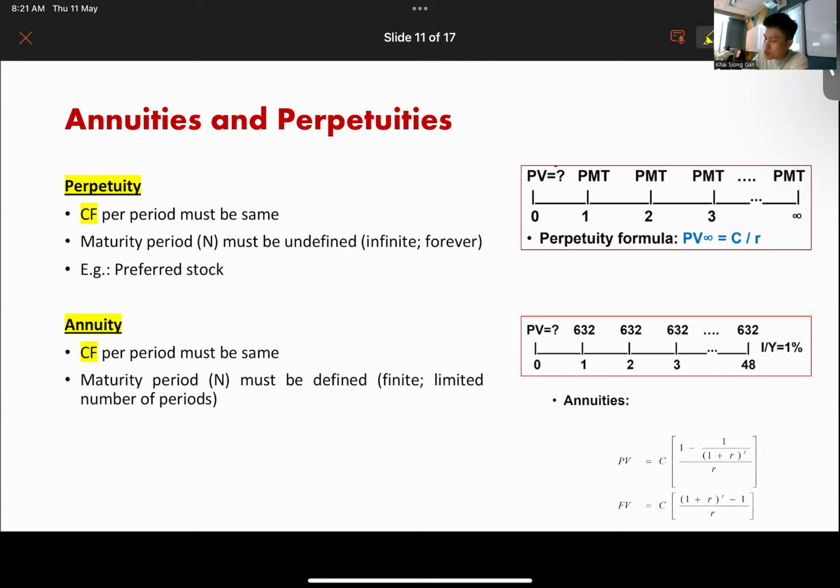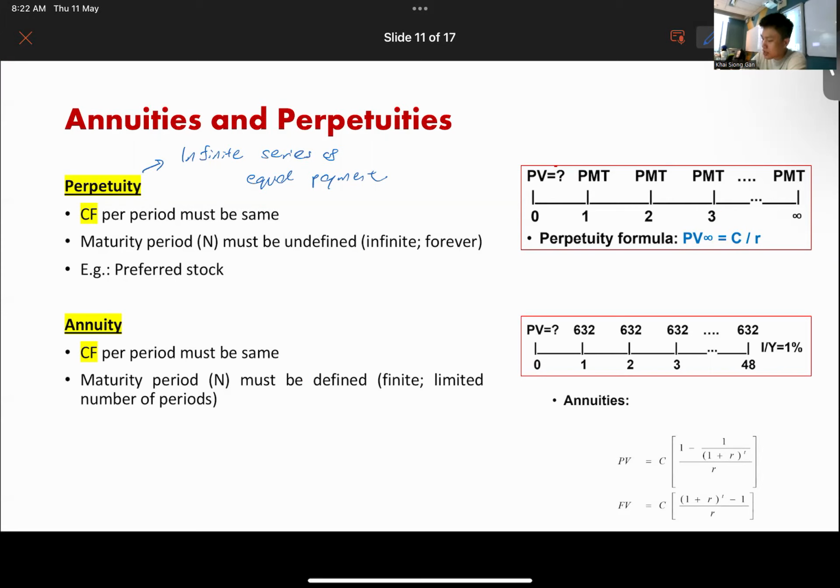When we talk about perpetuity, as I mentioned before, it is for infinite. The keywords of perpetuity are an infinite series of equal payments. That means the same payment is distributed to you for an infinite amount of time.